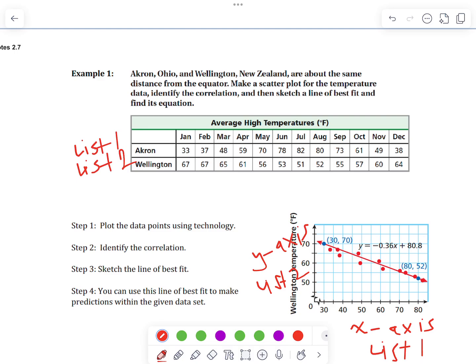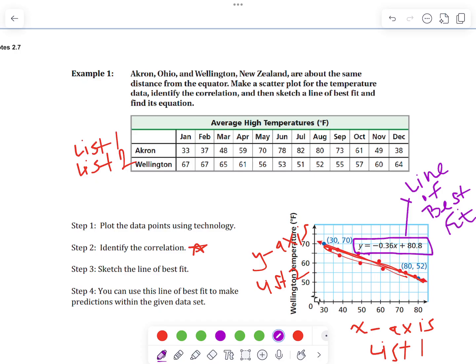And then what you do is identify the correlation and then create your line of best fit. What you get is an equation that looks like this, a linear equation. This is the line of best fit, and it will be in slope-intercept form, y equals mx plus b.